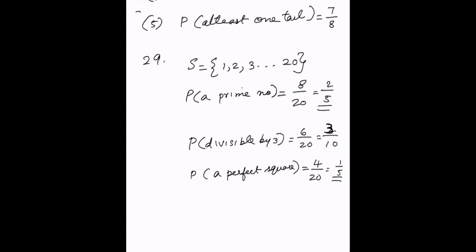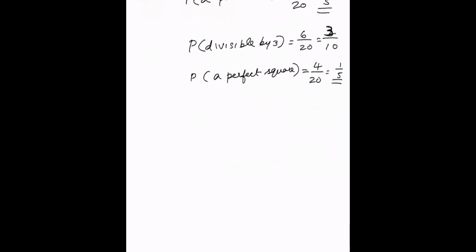Let's do 31. A box contains some black balls and 30 white balls. So they are not talking about how many black balls. Some black balls are there and 30 white balls are there. If the probability of drawing a black ball is 2/5 of the probability of drawing a white ball, that's what they are saying.